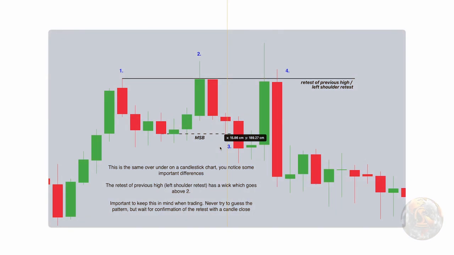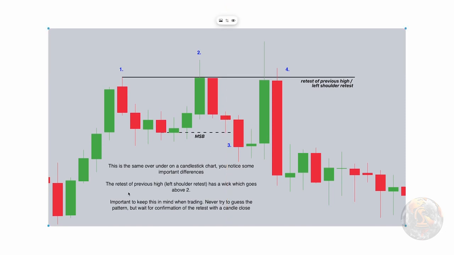And so this is the exact same over-under on a candlestick chart, but there are some important differences. The retest of the previous high, the left shoulder retest, has a wick which goes above number 2. So that would have stopped out any traders who had got in too early and put their stop above there. It's important to keep this in mind. Now, this is the exact same structure. You set the high, you trap people, you break structure, and you have a successful retest.